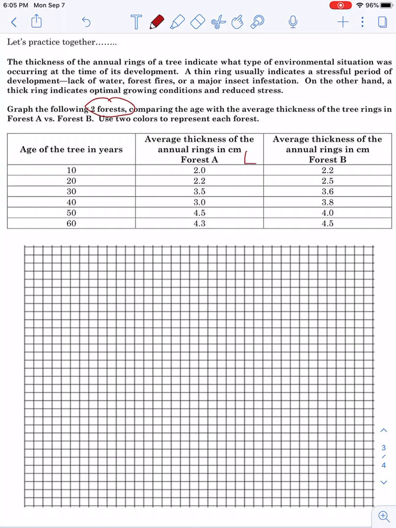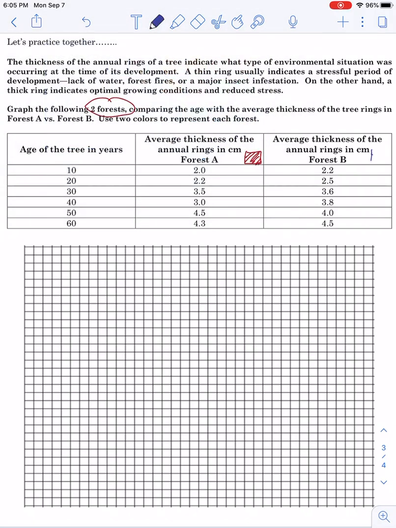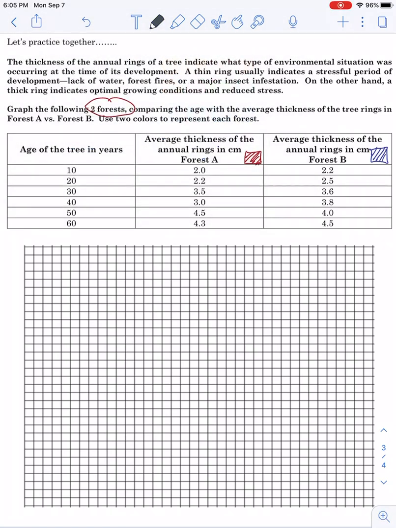So first of all, we're going to say that Forest A is red. So here's my key or my legend. And we'll make Forest B blue. And we can start off with a descriptive title.